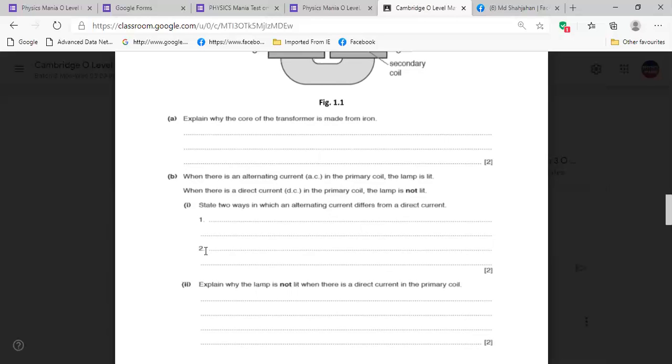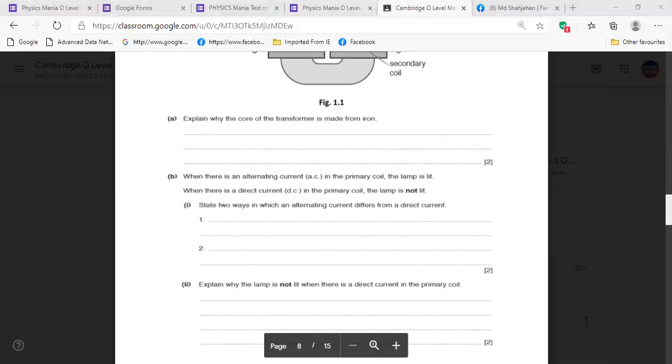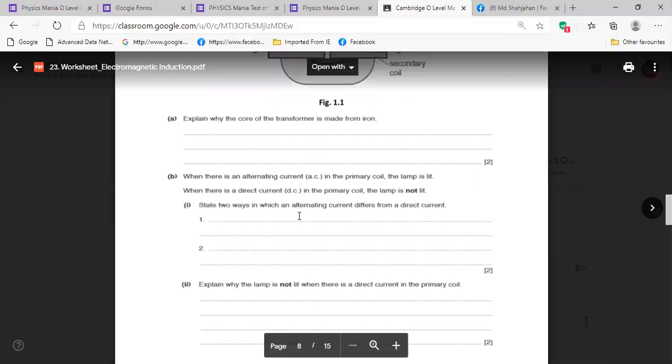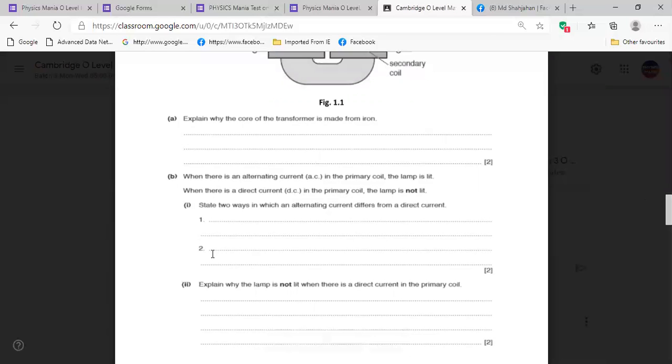Okay. So alternating current has frequency, right? But direct current does not have any frequency, isn't it? This is one thing. And another thing is that in alternating current the amplitude is changing, right?